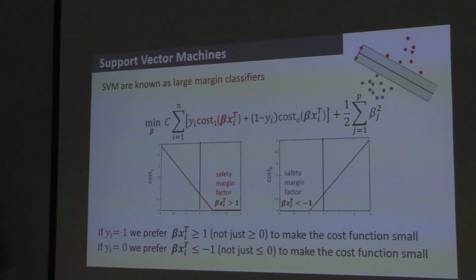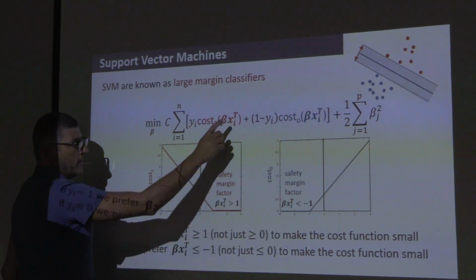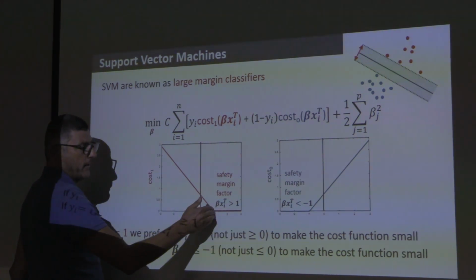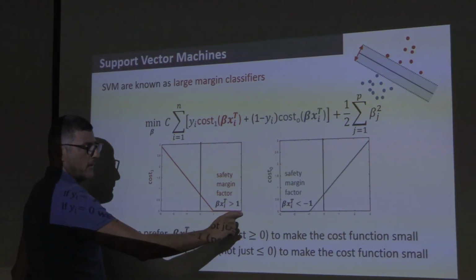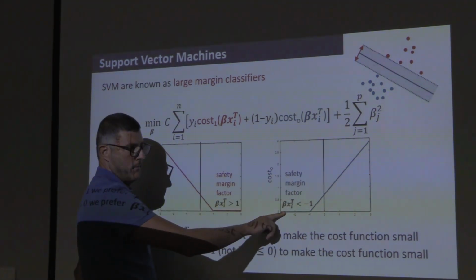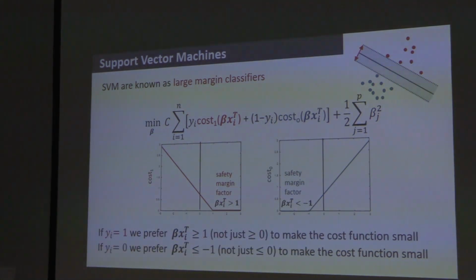And we said, okay, this is the cost function, so I try to have coefficients so that the linear combination of red samples gives me values higher than 1, and for the blue class lower than -1. And then I use the 0 as the threshold to predict.